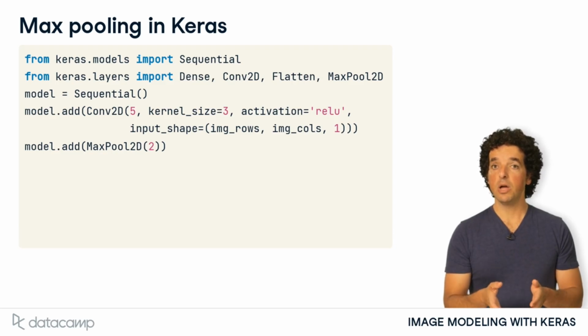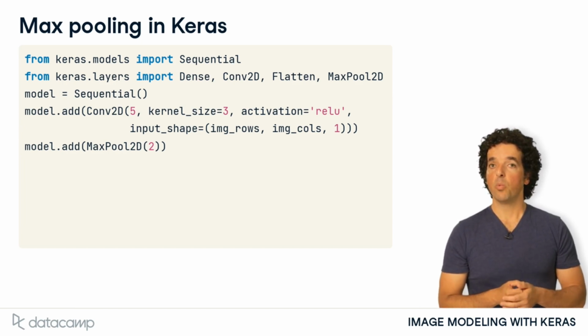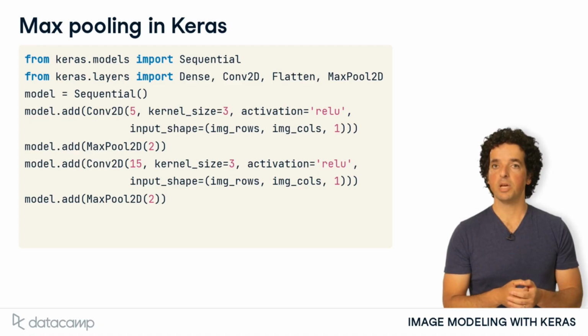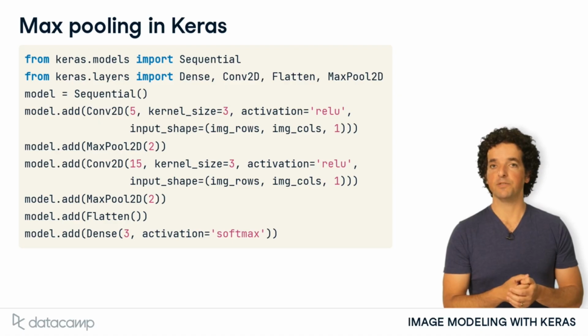That means that here, pooling will take the max over a window of 2 by 2 pixels from the input for each location in the output. We add a second convolutional layer, followed by another max pooling layer. The summarization part of the network is the same as before, a flattening layer, followed by a dense layer with softmax activation.